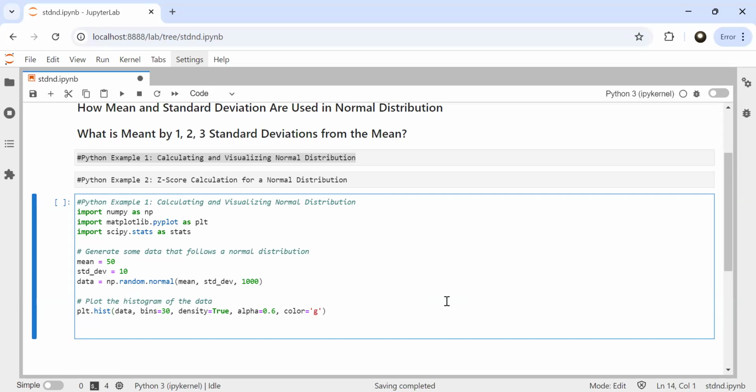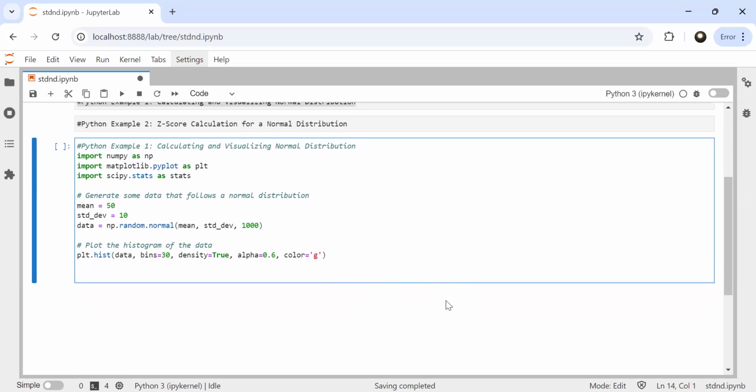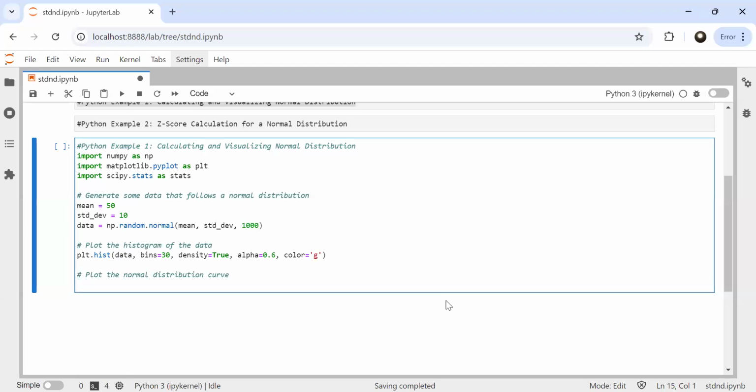Once we plot the histogram of the data, then we have to plot the normal distribution curve. Now we'll take the minimum and the maximum from plt.xlim.